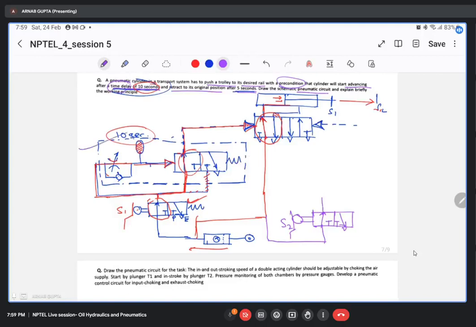same like this, you will have another time delay valve. Okay. So I'm just drawing it once more. This is your NRV and the orifice. This is your accumulator, which will activate one more valve.